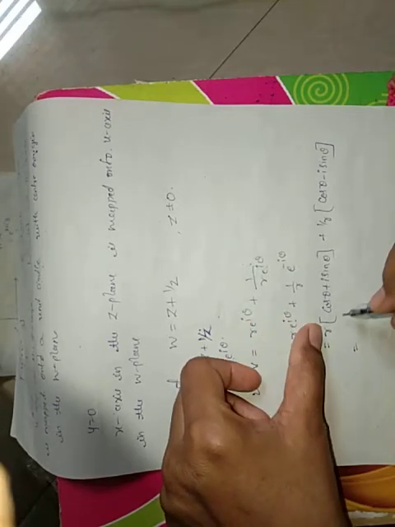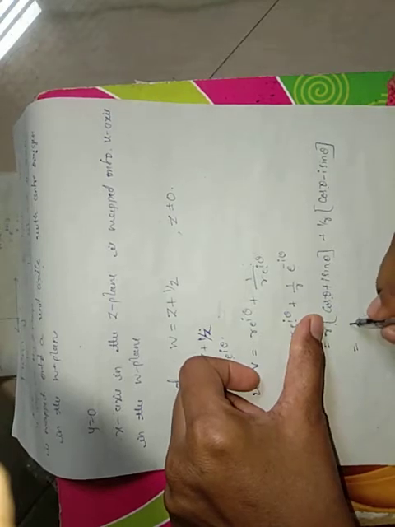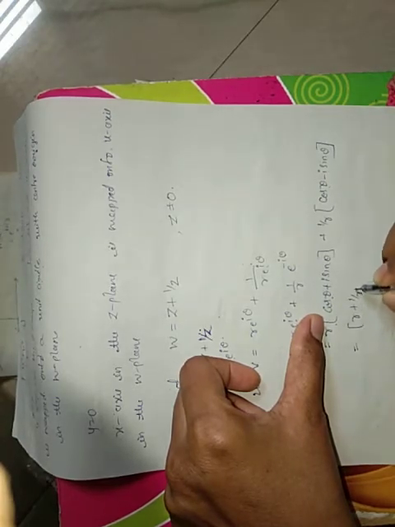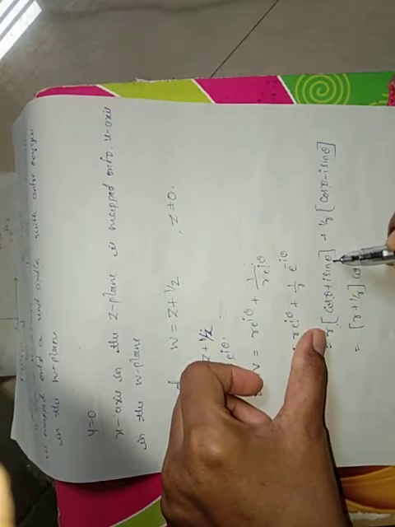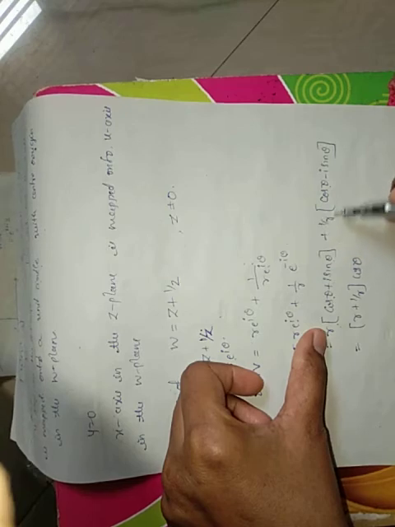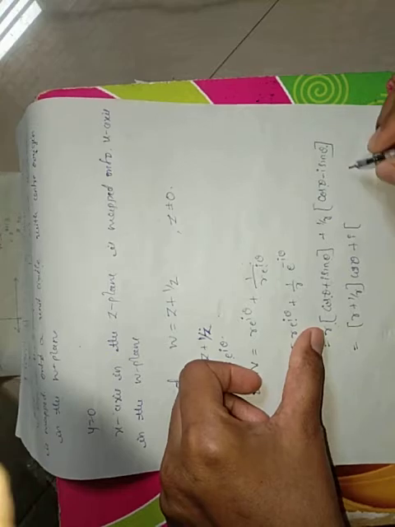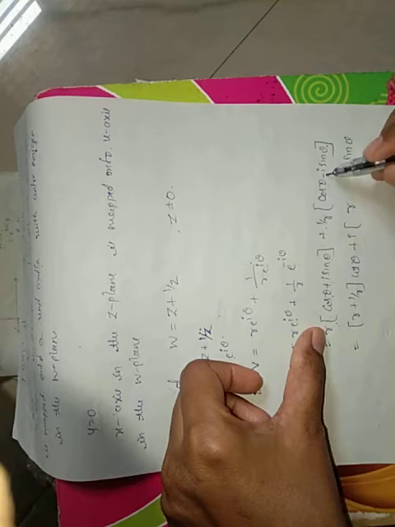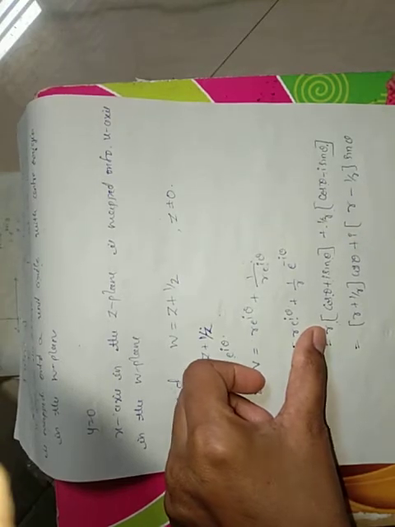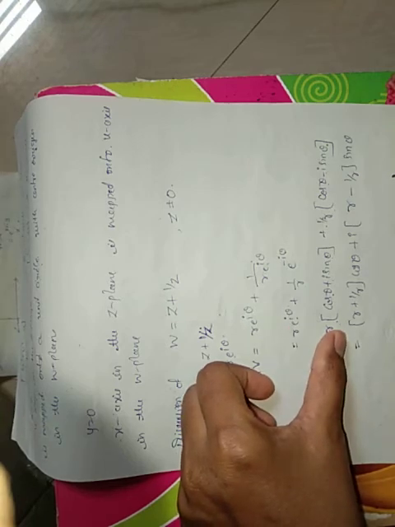Here it is r cos theta, here it is 1 by r cos theta. Taking cos theta common, the remaining is r plus 1 by r. Here it is r into i into sin theta plus 1 by r into minus i into sin theta. Taking i and sin theta outside, the remaining is r minus 1 by r. Clear? r plus 1 by r cos theta plus i into r minus 1 by r sin theta.